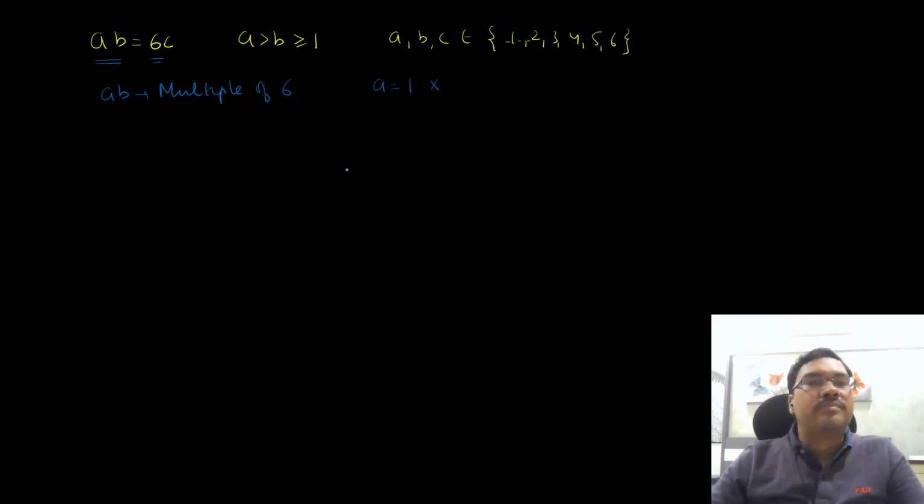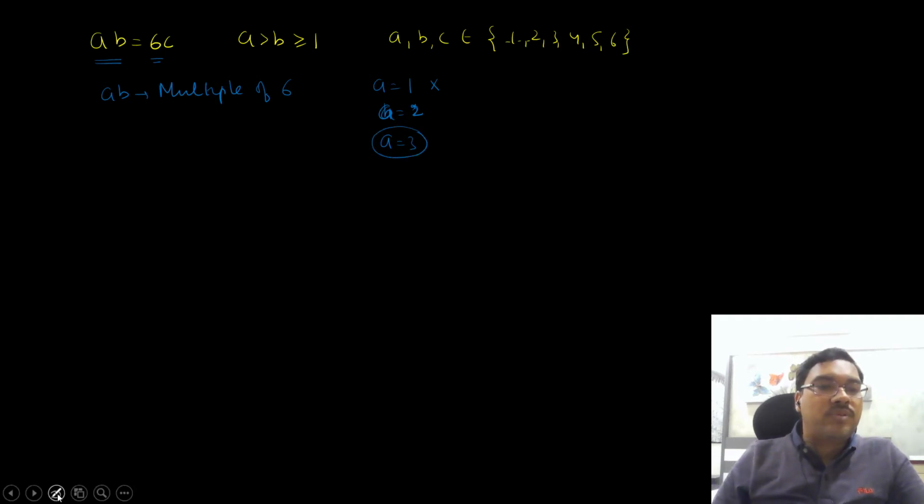This is not possible. b equal to 1, a equal to 2 is also not possible, because if a is equal to 2, then b has to be equal to 1, but then ab cannot be a multiple of 6. So the minimum value of a can be equal to what? 3. So we'll start with a equal to 3. Okay. So now we are just trying to make the combinations, like how we can have the values of a, b and c.